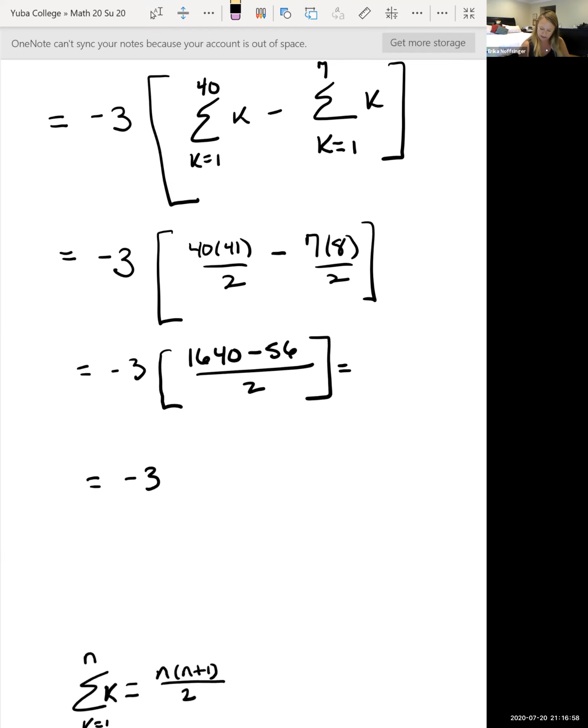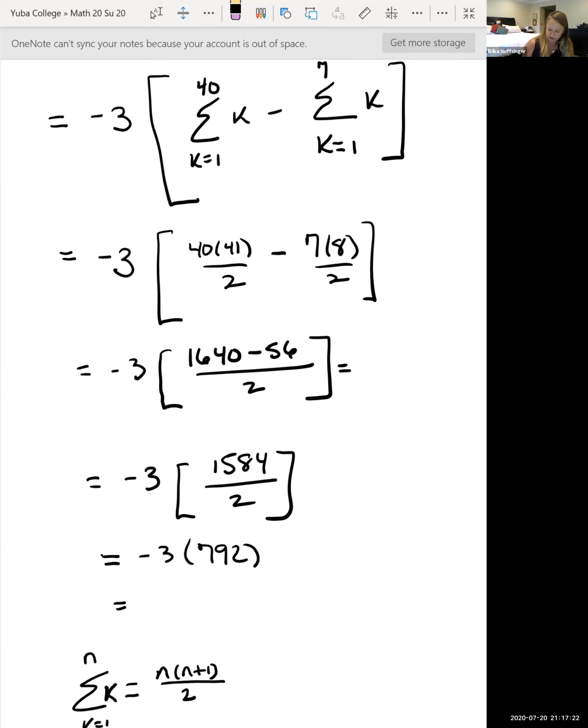So 1,640 minus 56 gives you 1,584. That's divided by 2. We still have a negative 3 out front. That divided by 2 gives you 792, times negative 3 gives you back negative 2,376.